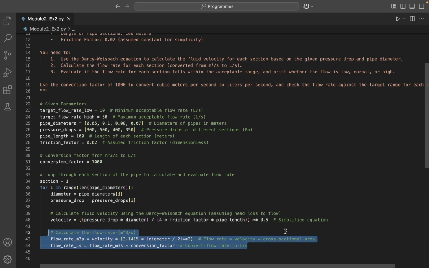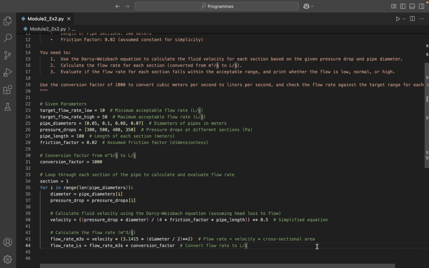Next we need to calculate the flow rate, and the flow rate equation is area times velocity. The velocity we have already calculated in the previous step and it is stored in the variable named velocity. Then it will be multiplied by the cross-sectional area. So the equation for the same is also mentioned.